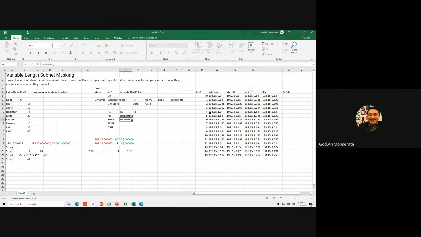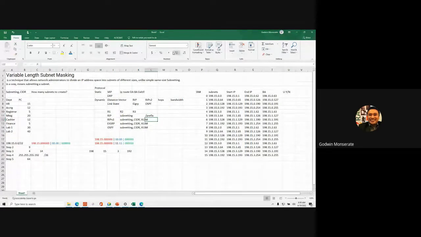Pwede siya, kaila siya ni subnetting, kaila siya ni CIDR, kaila siya ni VLSM. Okay? So all of this, na siya. So, ang RIP nimo, dili siya kailag CIDR. Meaning, kanang imong computation with the slash prefix something, dili na siya kaila. So error na para sa iyaha.